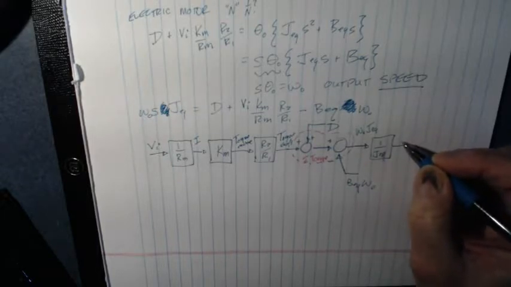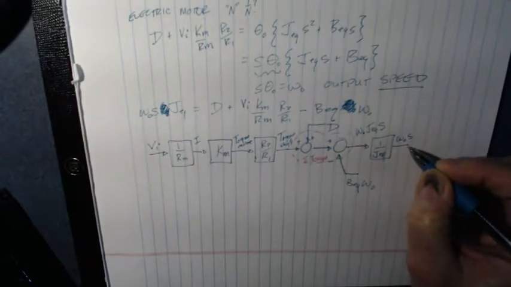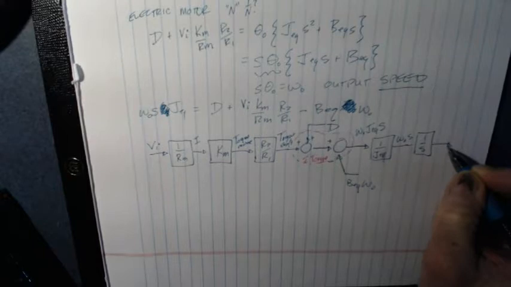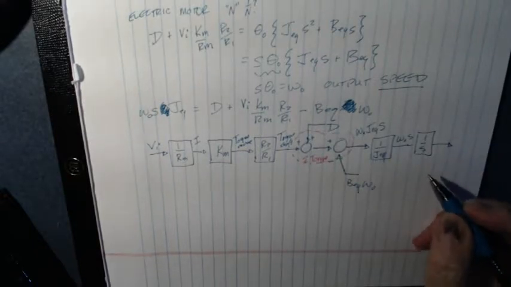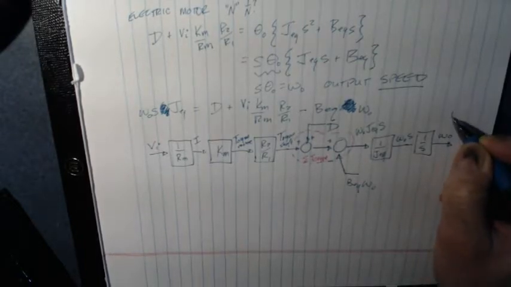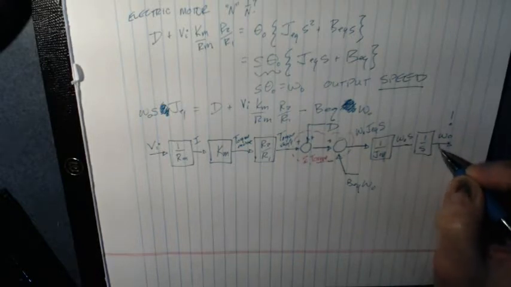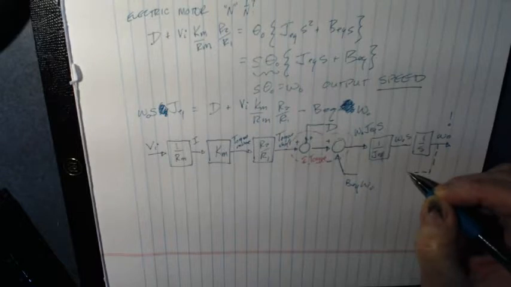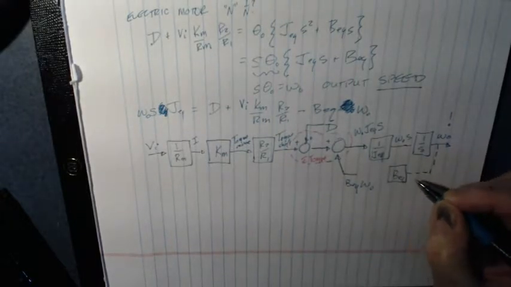That's going to give me omega out times S. And again, I don't want omega out times S. What I really want is omega out times 1 over S, which is omega out. Ta-da! Oh, as long as I'm working here, I might as well go ahead and finish this. I've got omega out, and I might as well multiply it times B equivalent.